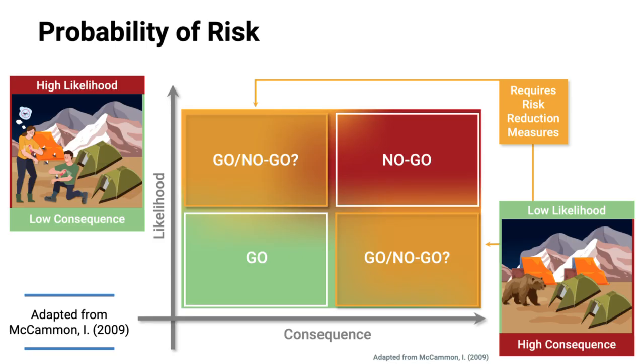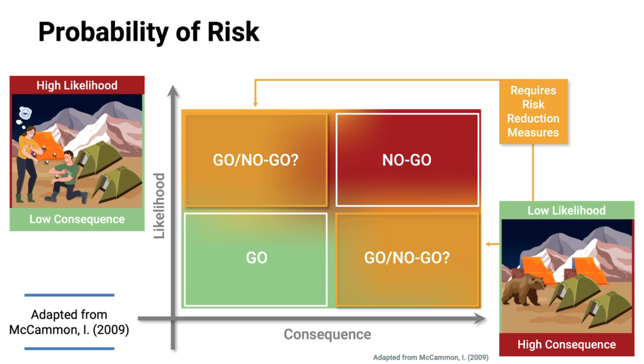Other considerations center on the likelihood of an incident, and it may include the frequency of reported bear encounters, visibility and being able to see a bear approaching, among other factors. In the upper left orange quadrant, the situation has a high likelihood of something happening, but the consequences of an incident are lower. So for example, campsite selection next to a stream might be convenient for many reasons, but it might have mosquitoes.